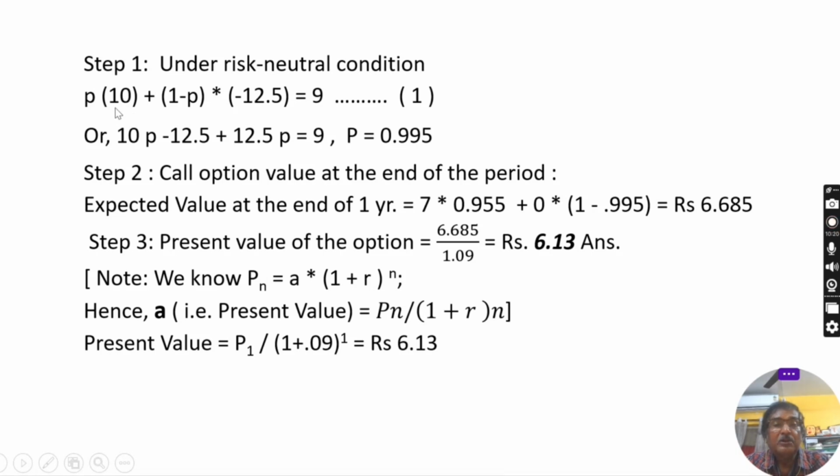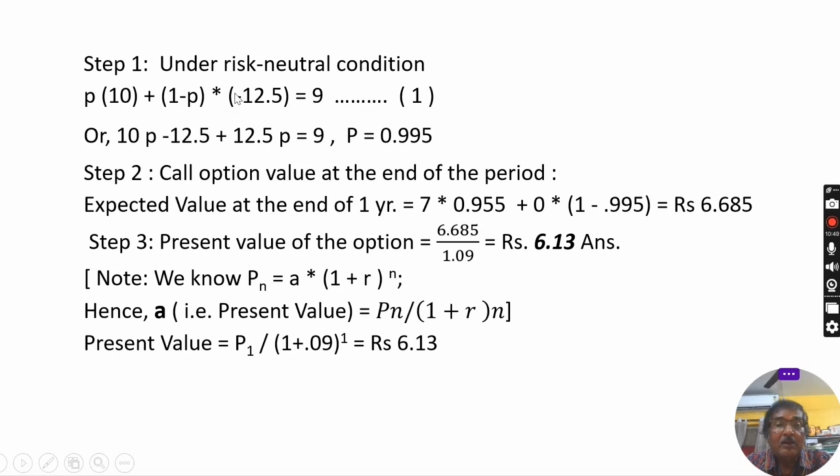P into 10 plus this is the decrease probability. Because two possibilities are there, either increase or decrease. If P is the probability for increase, then 1 minus P is the probability of decrease. So this into, what is the percentage of decrease of the share price?